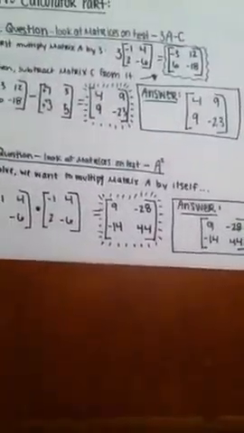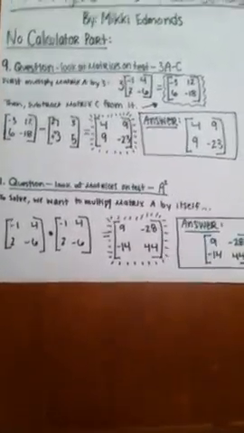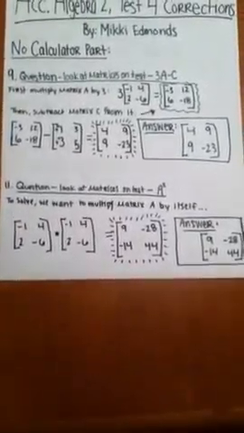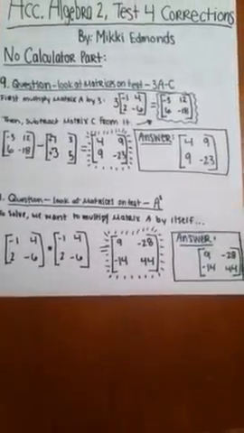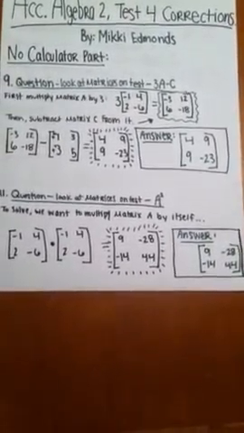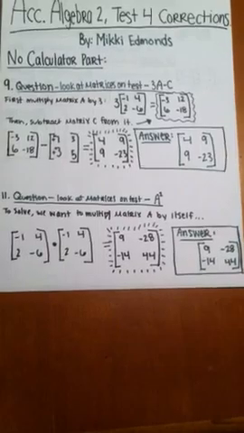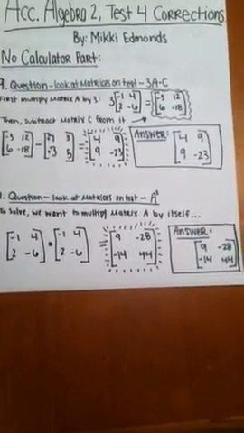That would be your answer. The next question I got wrong is number 11, in the same section as number 9, where you have to use the matrices given above. Once again it was A, except you had to do A squared, and if you square a number, it's like multiplying it by itself.